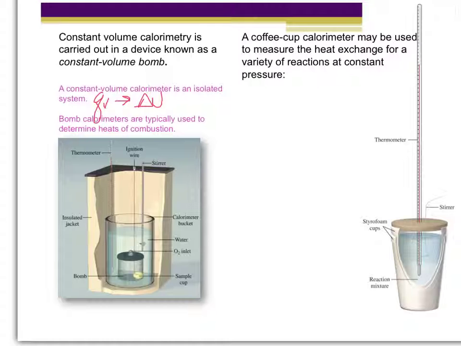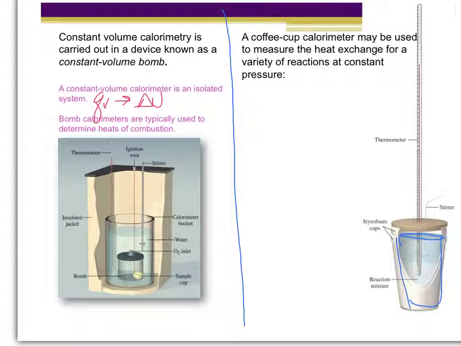On the other hand, if we have a constant pressure process, we use other types of calorimeters. And one of the most common types of calorimeter that we can use very easily is a coffee cup calorimeter, and that's what we've done in the lab. In the coffee cup calorimeter, we know that the reaction mixture pretty much is taking place in the whole cup.